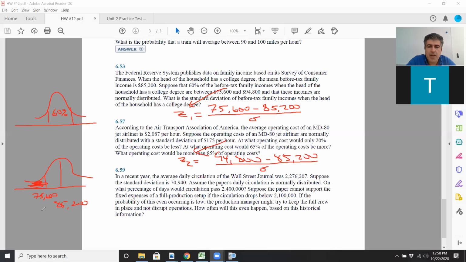And then, of course, you have 94,800, and we'll need that area.